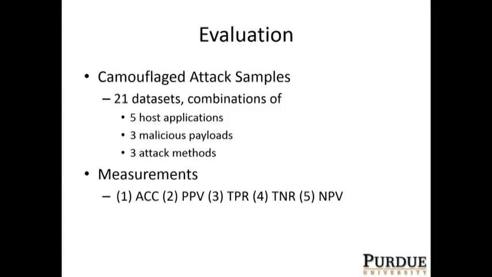PPV refers to positive predictive value, also known as precision. PPV measures the portion of actual benign samples in all predicted benign samples. TPR is true positive rate, also known as recall, which measures the number of instances that are correctly classified as benign out of the total real benign instances. Similarly, TNR refers to true negative rate.